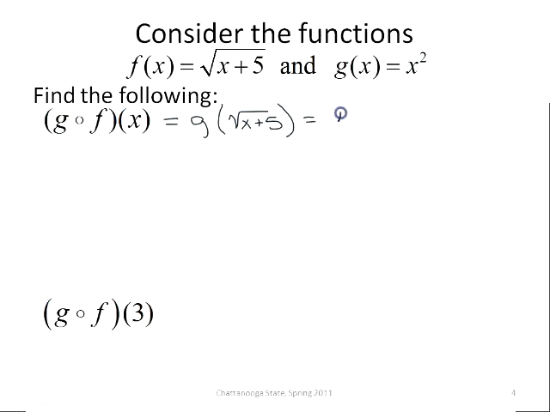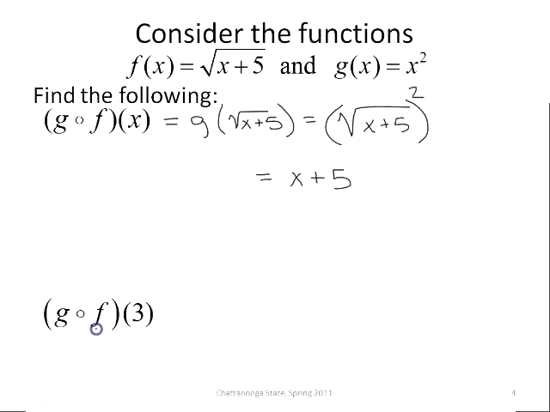So this is where my x is, so I'm going to have the square root of x plus 5, squared. Now I can simplify that, because if I square a square root, that simply means I have whatever is under the radical. So I end up with x plus 5.